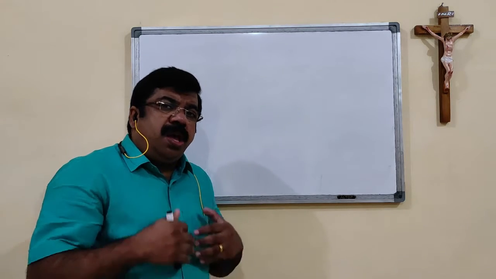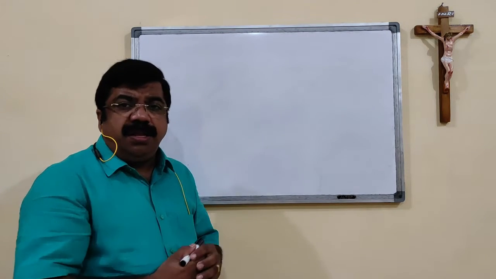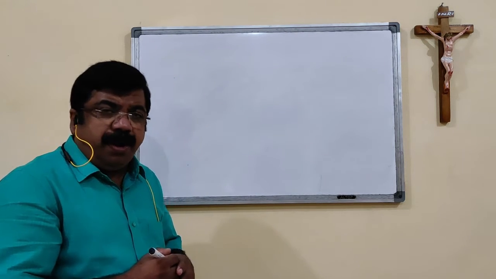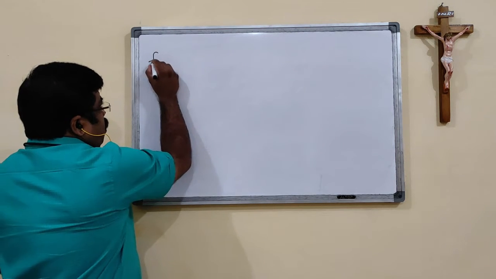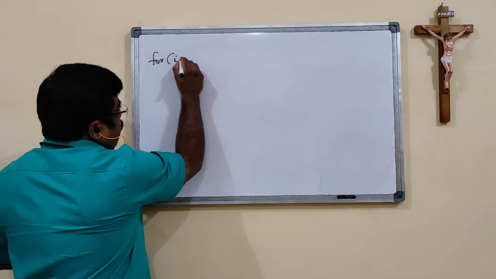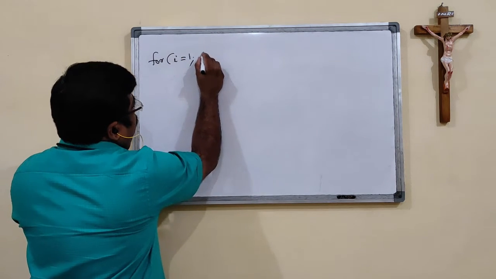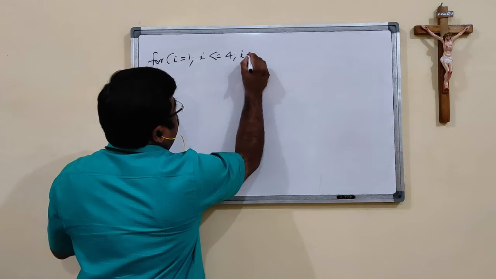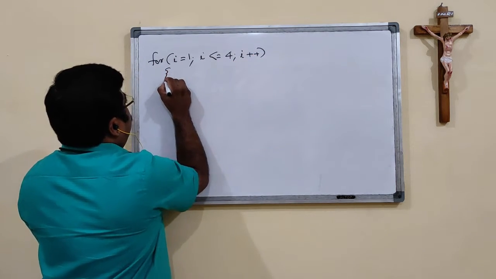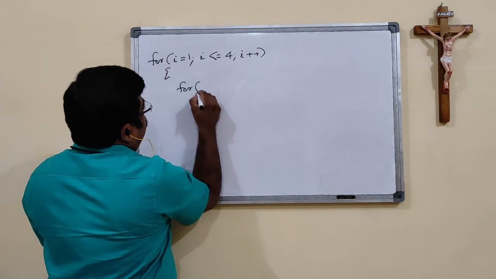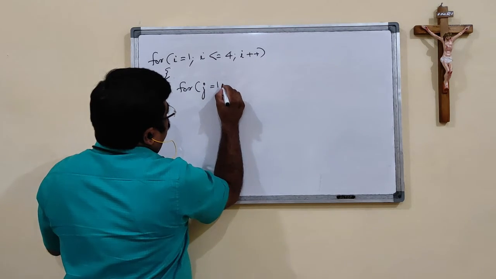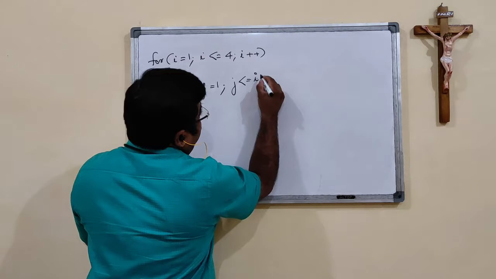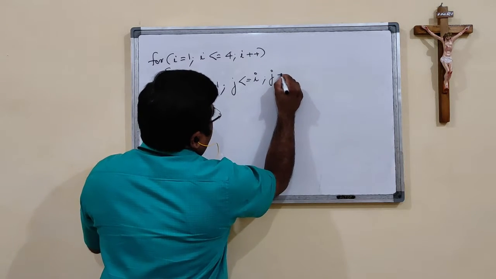Now let us see how it is constructed and how it works with the help of one example. We are writing for I equal to 1, I less than or equal to 4, I plus plus, for j equal to 1, j less than or equal to I, j plus plus.